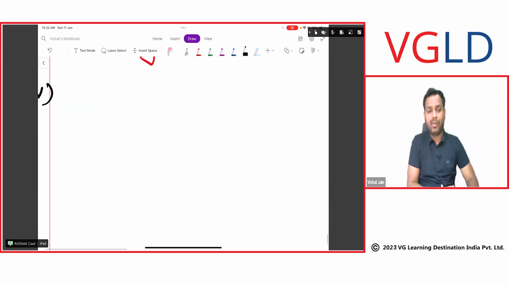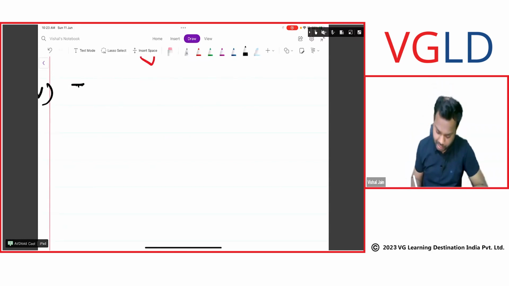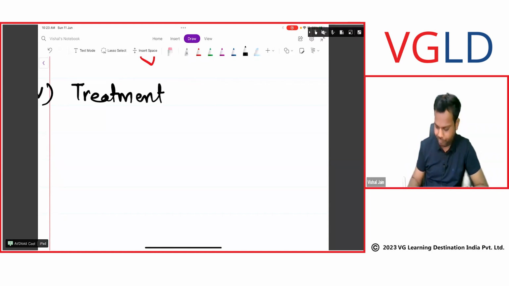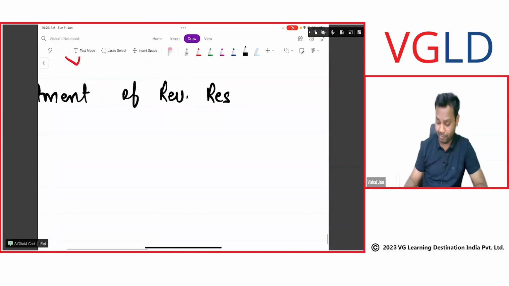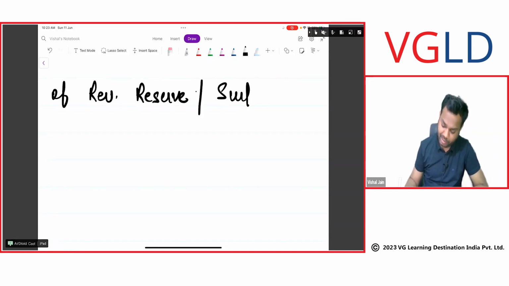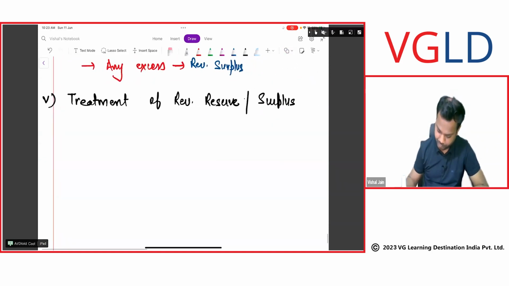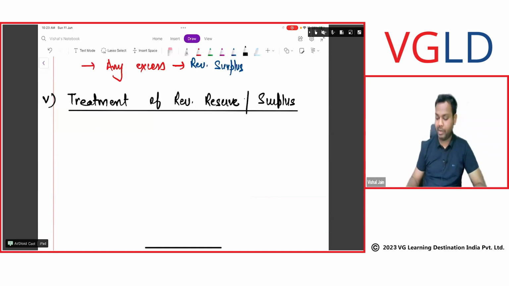As we discussed, whenever we do a revaluation, we transfer the revaluation gain or loss to the revaluation reserve. Now, what do we do with this revaluation reserve? What is the treatment of a revaluation reserve or revaluation surplus?